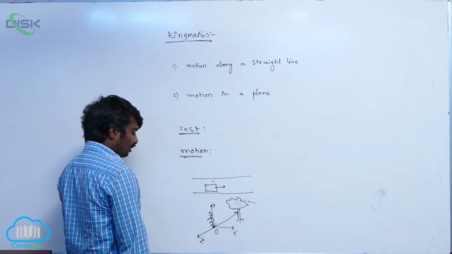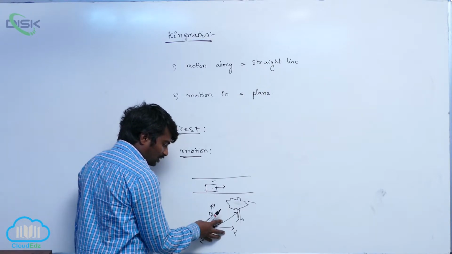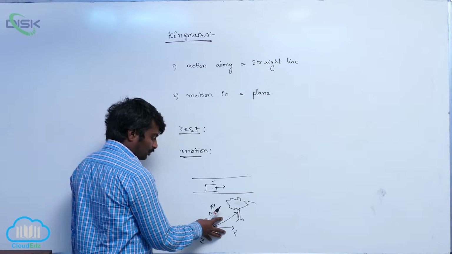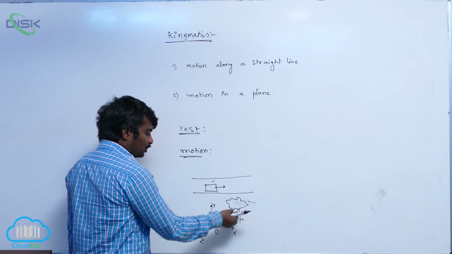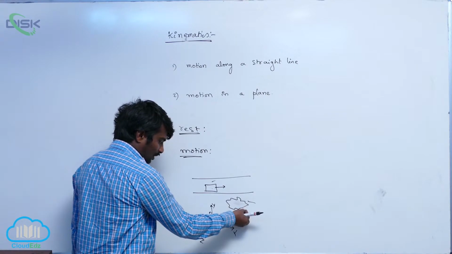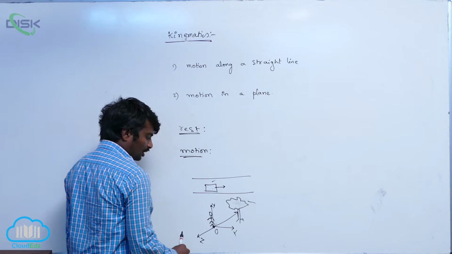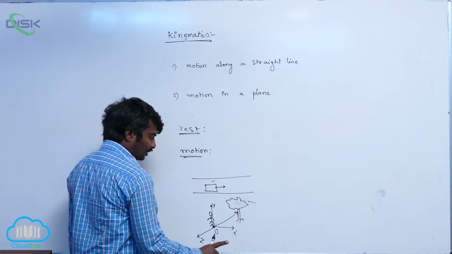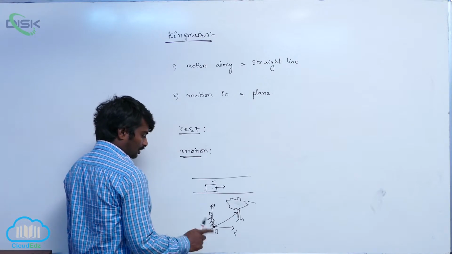The coordinate system is also called a reference frame. So if the position of this tree with respect to the reference frame attached to this person does not change with time, then the tree is said to be at rest.